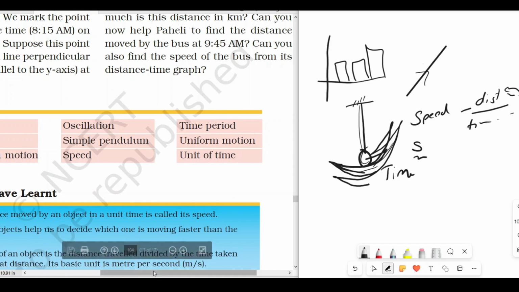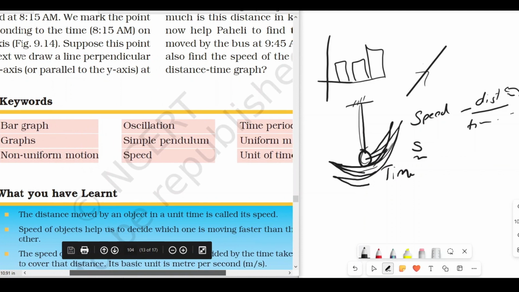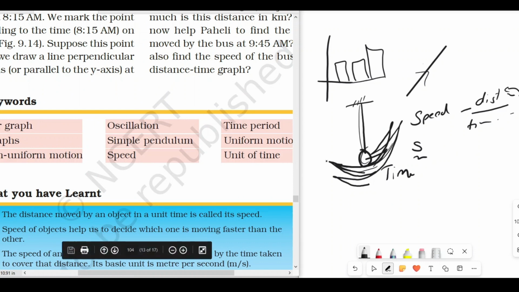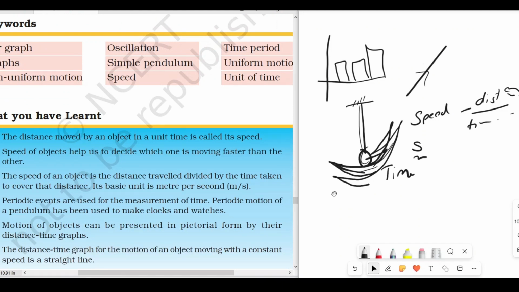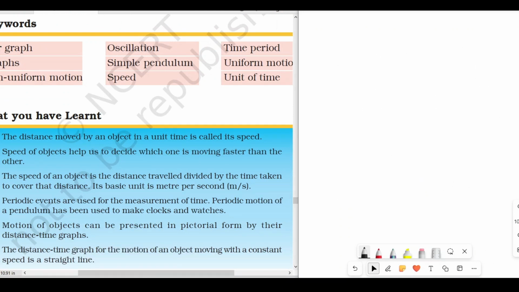Okay. And let's quickly run through also what you have learned in this chapter. The distance moved by an object in a unit time is called its speed. So the distance we have covered in one unit time, that is its speed. So I told you what is unit time.